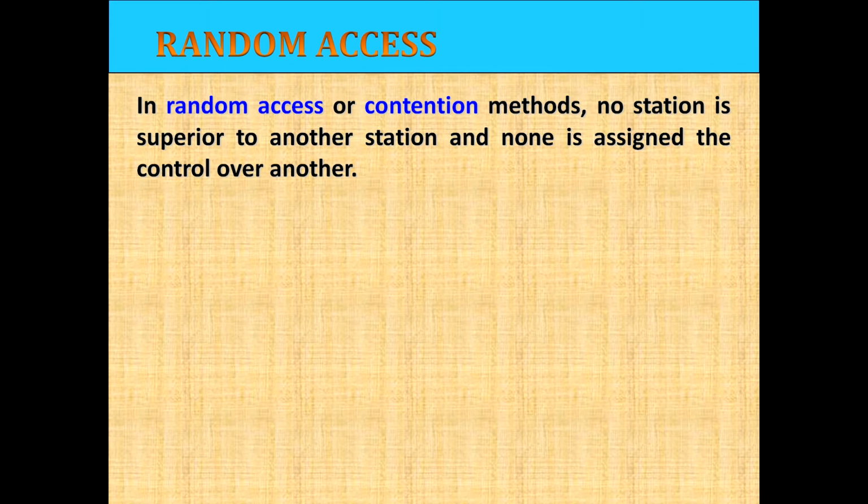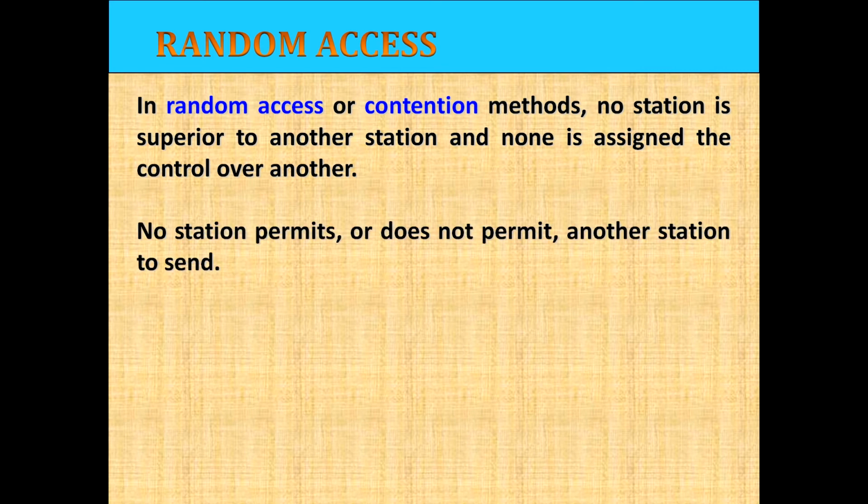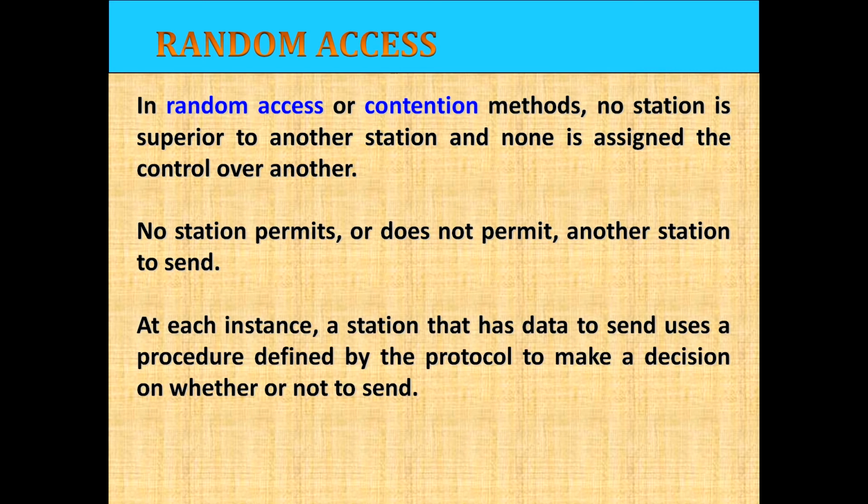Contention indicates the argument between the different stations, while random access indicates randomly accessing the channel. In this random access method, no station is superior to another and none is assigned control over another. Here each station acts as both primary and secondary station, so there is no bother about that. No station permits or does not permit another station to send. There is no control over the other stations.